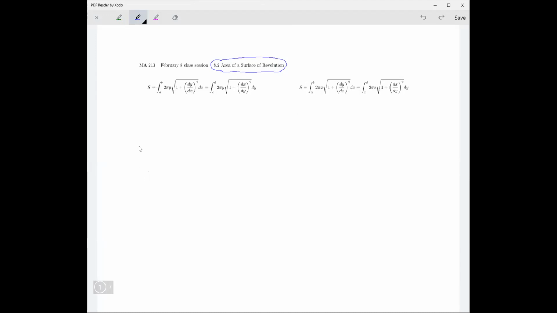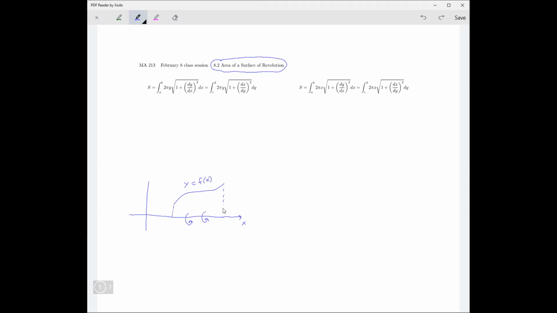So let's just take a look at a few different situations that you could be faced with. Let's suppose that you had a surface, like you had a curve like that, and let's say that you were revolving this about the x-axis, just as an example. And let's say that we had y equals f of x as the equation.